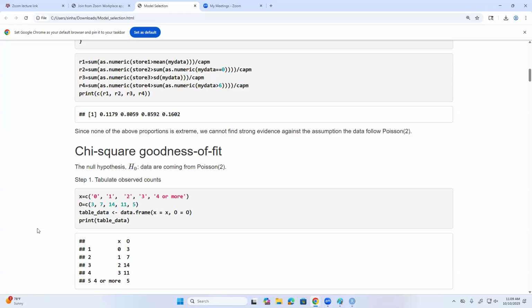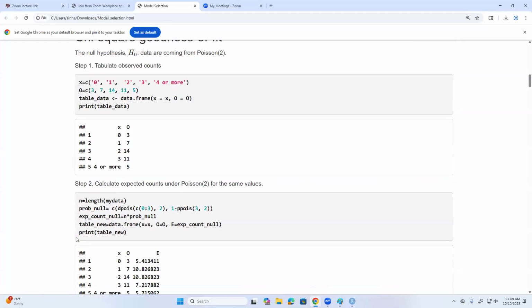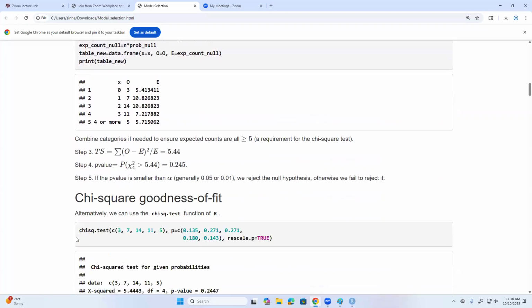Using the BRMS package, you can fit different generalized linear models. Generalized linear models include Poisson, gamma, binomial, negative binomial. A lot of models are included within this generalized linear model. So get familiar with this. It gives you a whole lot of information.